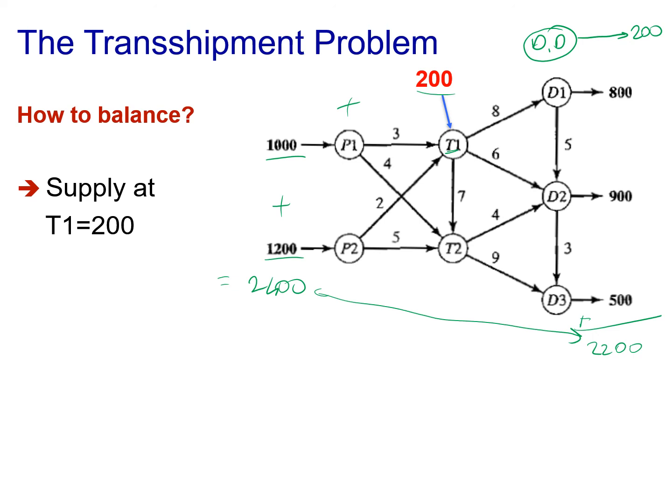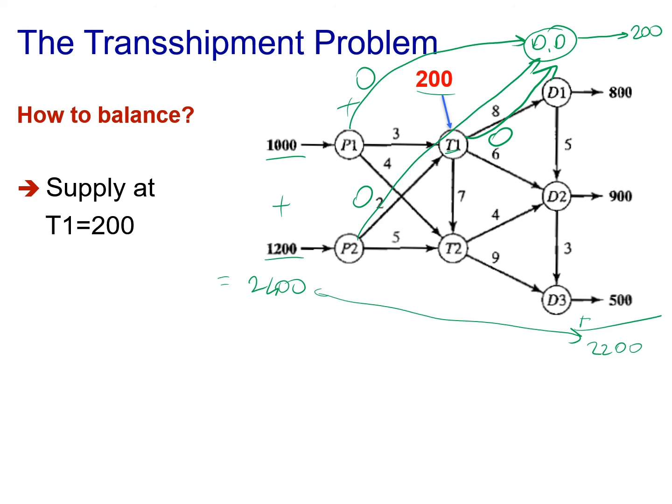We have to connect all the nodes with a supply value, not pure supply points, not transshipment points. The nodes which have their own supply, we need to connect to the dummy demand. So this P1 has a supply, so we connect it. P2 has a supply, we connect it. But T1 also has a supply, so we also connect it with a cost of 0.